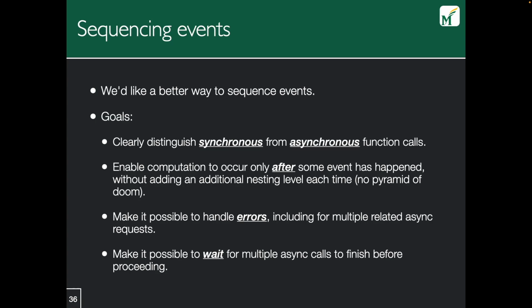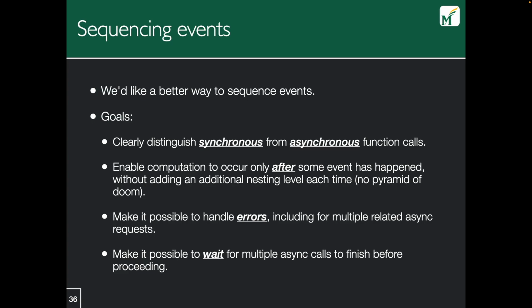But what if we want to stop the computation of our normal code and wait for something to return before we move on? How do we do that? Or if we have multiple asynchronous calls and we want to do some computation in between those, how do we coordinate this effectively? So here's where some of the JavaScript language features start to come into play.